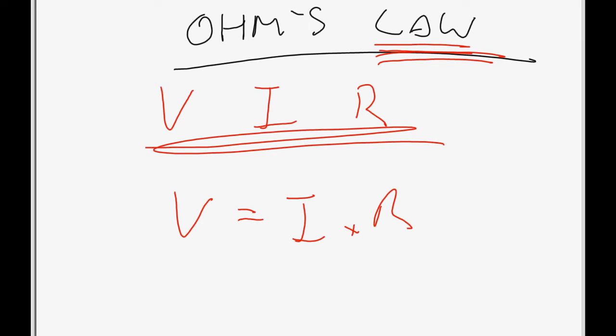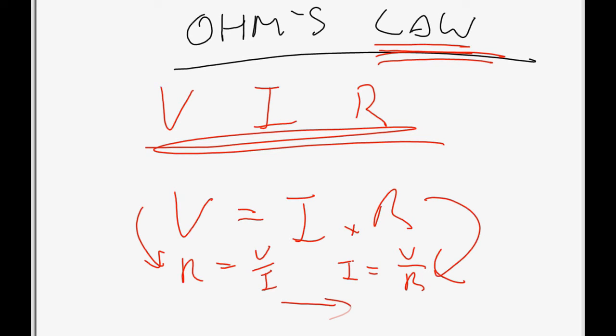And you could change this equation about, so you can either work it out for the resistance, which is voltage over the current, or if you wanted to work out current, it would be the voltage over the resistance. He came up with this, that they were all related. Yeah, they're all interchangeable.